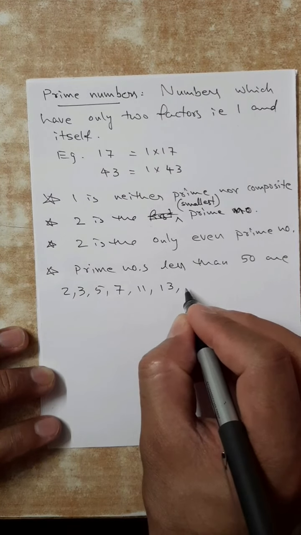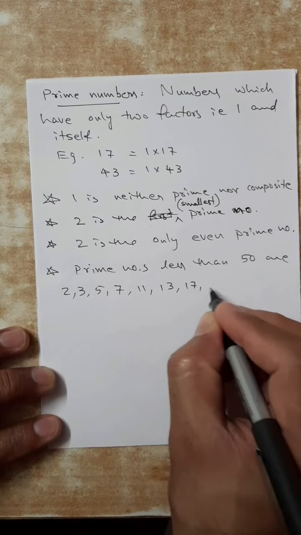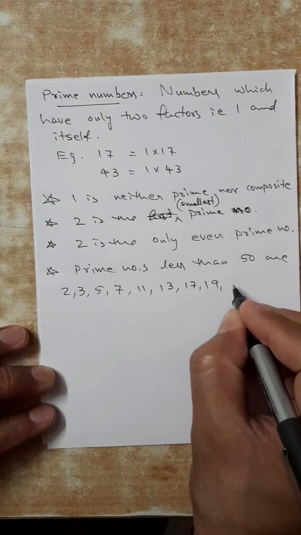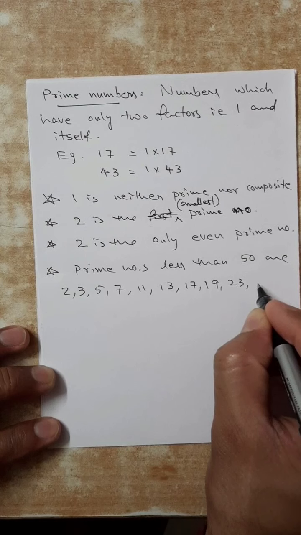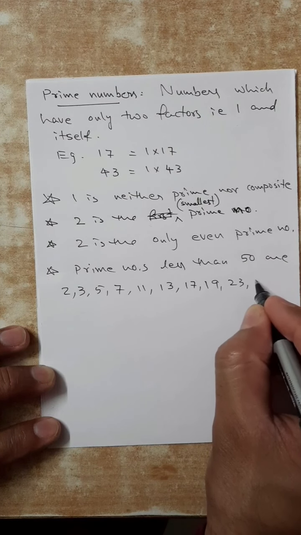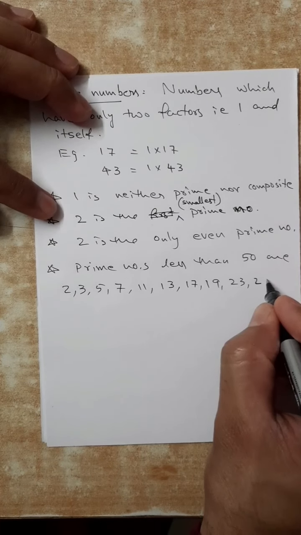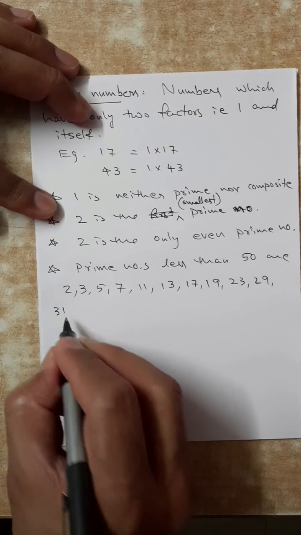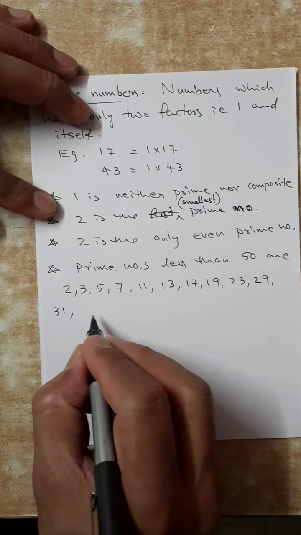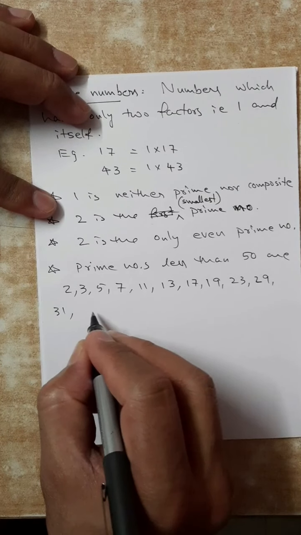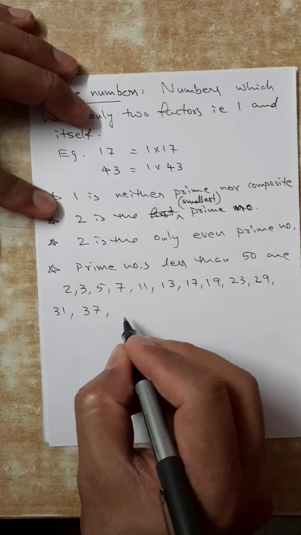After 13, 14, 15, 16, 17, 18, 19, 20, 23, 24, 25, 26, 27 means 3 9s are 27. So 29, 31, 32, 33, 34, 35, 36, 37.